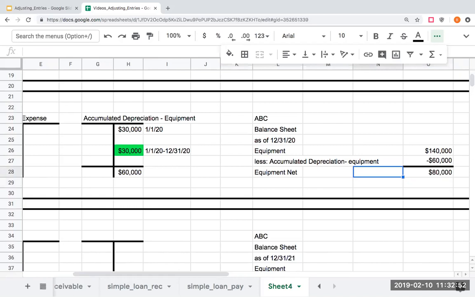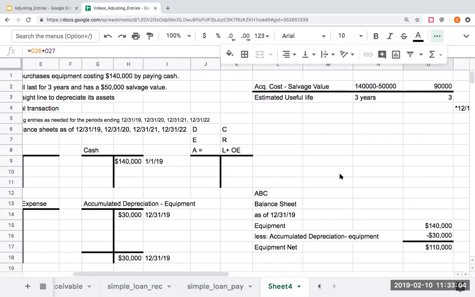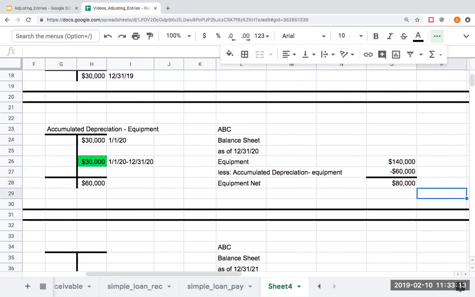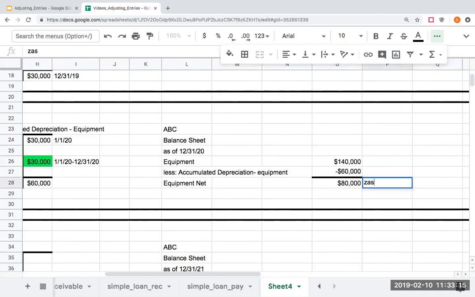Now, one thing I have to keep in mind is what we discussed earlier about salvage value. I'm showing this equipment on my books at $80,000. My salvage value is $50,000. So I can depreciate up to salvage value, and I'm still okay.